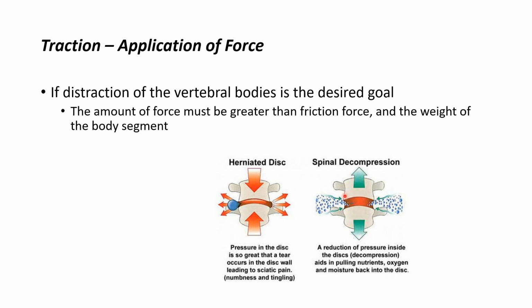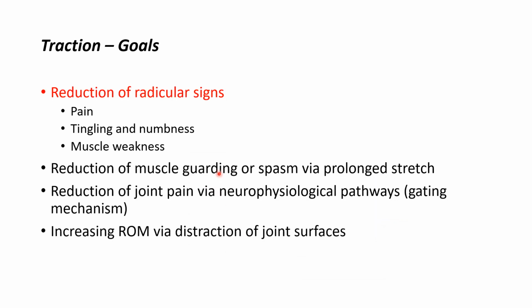So that can address a number of different problems, either directly within the joint, intra-articular at a discal level, or within the facets at an interarticular level between the facet joints that combine spinal segments, or from a secondary perspective, addressing issues of spinal nerve compression. So herniated disc pushing on the nerve, spinal stenosis, narrowing the vertebral foramen canal through which the nerve is going to pass. Those are the primary indications.